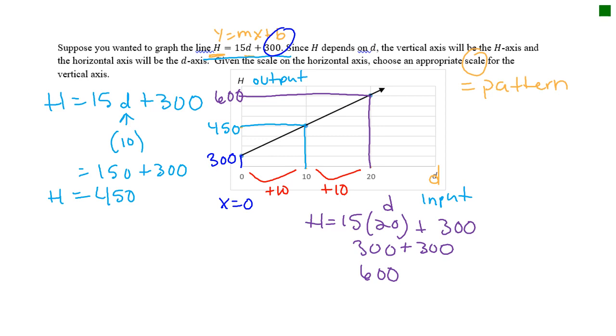But for this one, they're asking for the scale for h. So what is my pattern? From 300 to 450, I'm adding 150. From 450 to 600, I'm adding 150. So my scale is 150, and I'm adding.